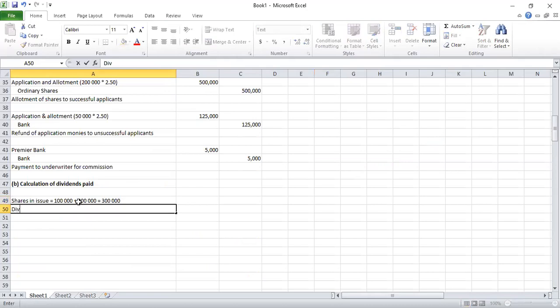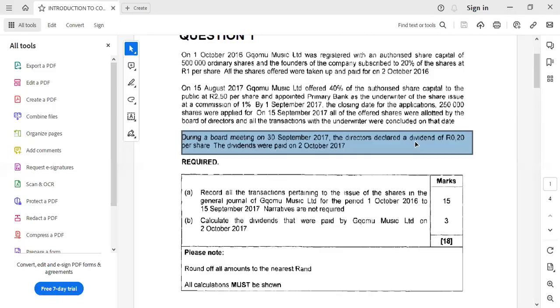So the dividends paid would be equal to, we are told that they paid 20 cents per share.